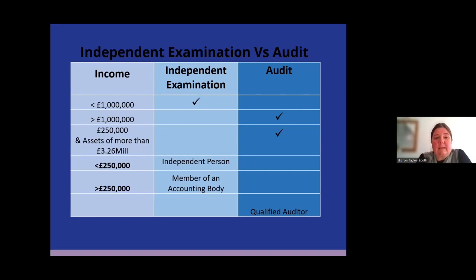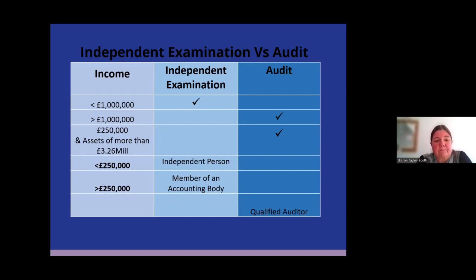So independent examination, if we have got income of less than £1 million, they can be independently examined. I'm not sure many parishes will have income in excess of £1 million. So most people can be independently examined.